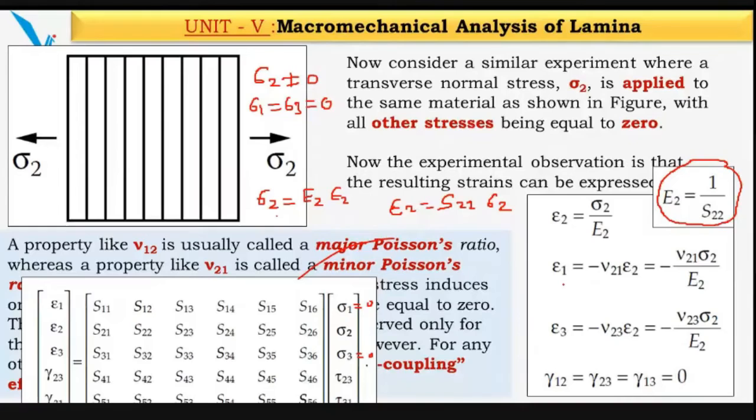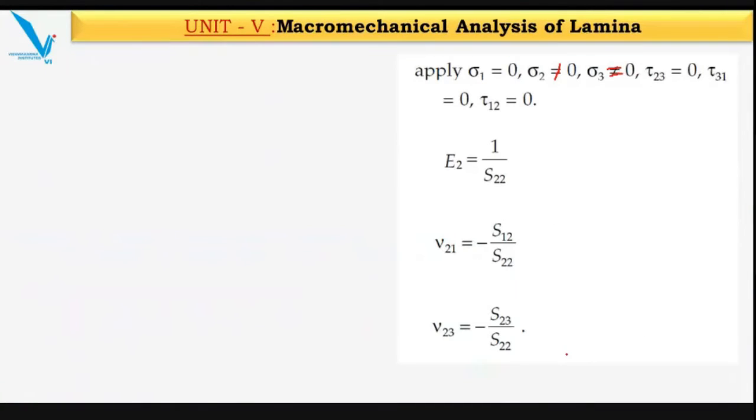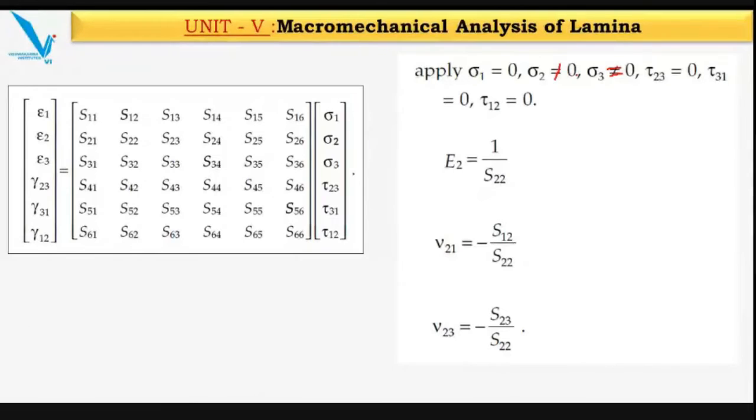Similarly, we can write ε_3, and all other components are 0, as we discussed in the previous case. Here σ_2 is not equal to 0, σ_3 is 0, and all other stress components are 0. So we got this equation.